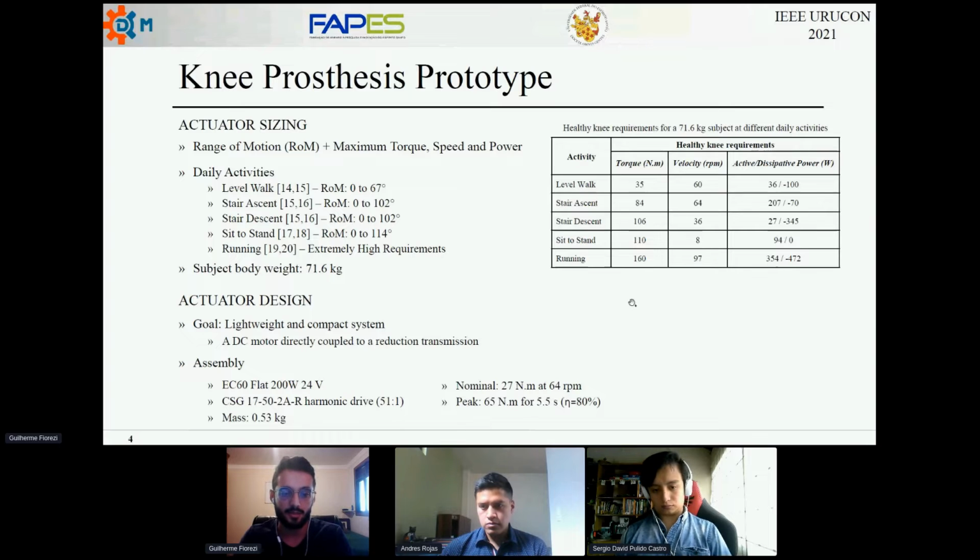So we chose a 200 watts motor directly coupled to a 51-to-1 reduction harmonic drive. This pair weighs 0.53 kilograms and is capable of nominally reaching 27 Newton meters at 64 RPM, considering an efficiency of 80% of the system, and it can reach peaks of 65 Newton meters for up to 5.5 seconds.